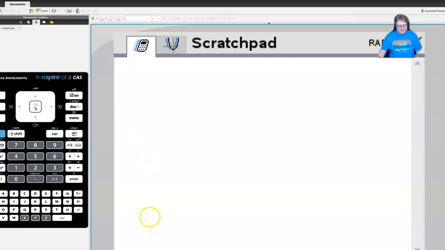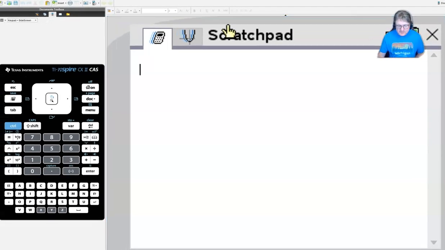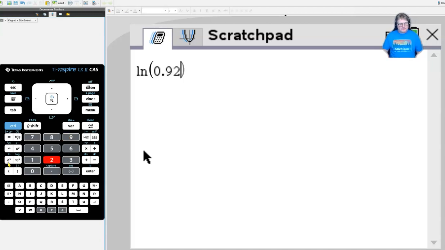So let's go ahead and I'm going to resize my window here a little bit to make this a little bit prettier. Hopefully that works for you. And let's type in our low end expression. So we have natural log, so that would be Control LN, 0.92, right?